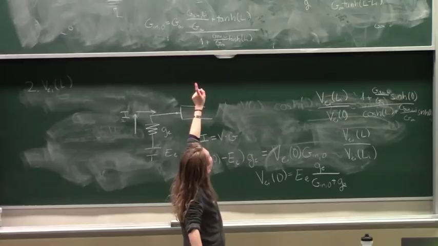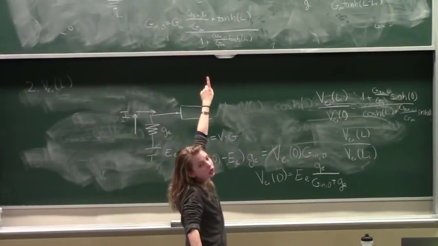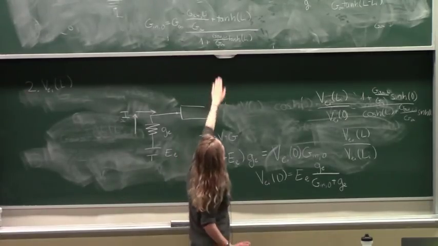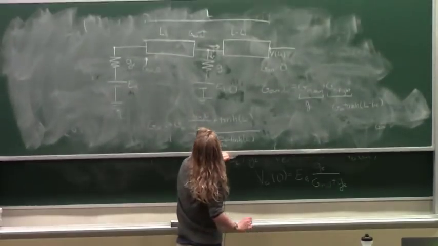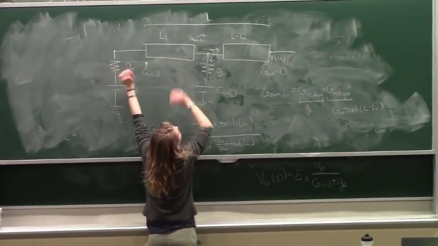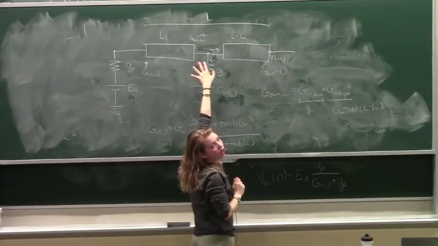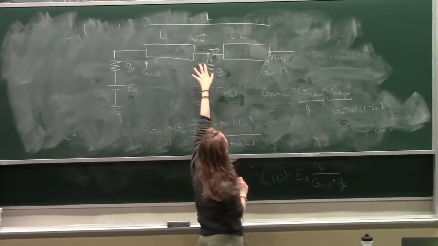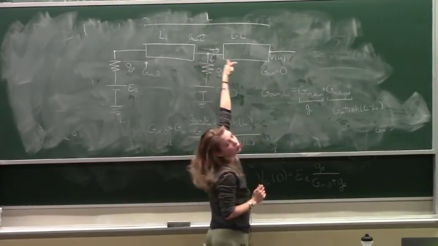But you can also look at when only the inhibitory input is present, and you'd basically be ignoring this part of the circuit and just looking at what happens if you have a conductance here and a voltage source.